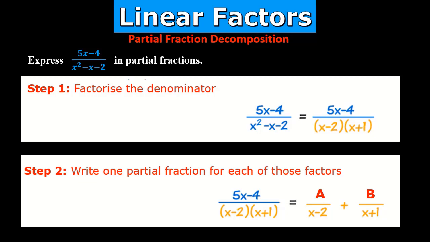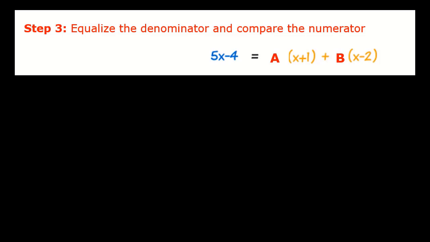Since these are linear factors, I write A/(x - 2) + B/(x + 2). The denominator is linear, so the numerator should be a constant. For step 3, I equalize the denominators and compare the numerators. To find the constants A and B, I am going to use the substitution method.